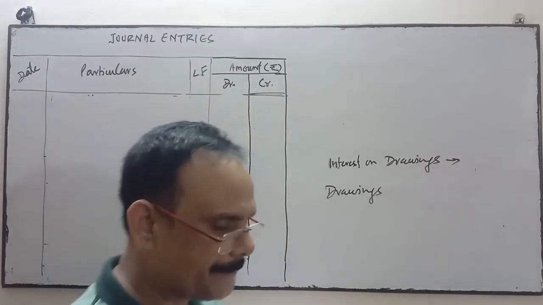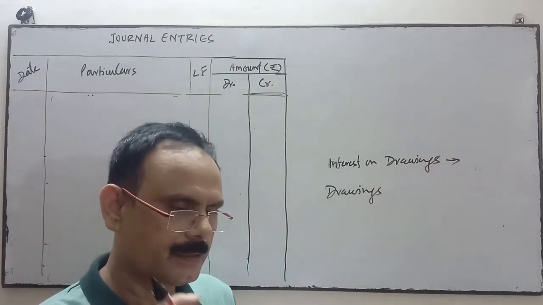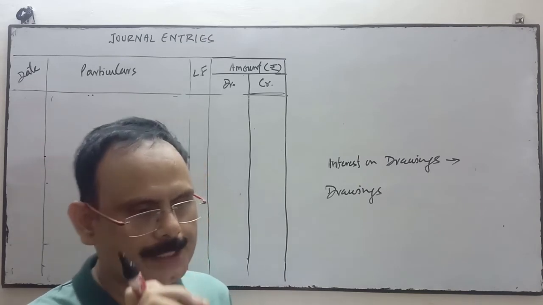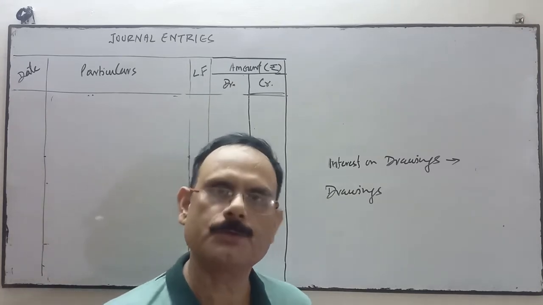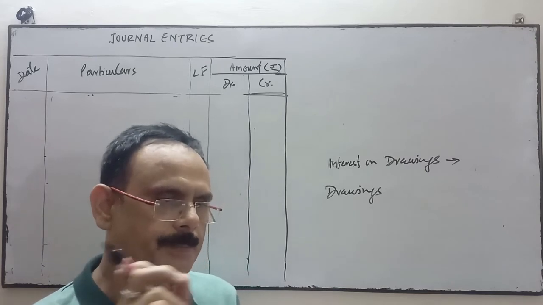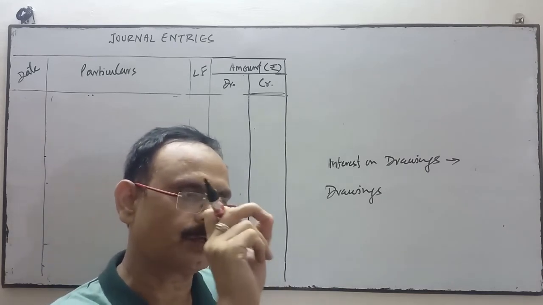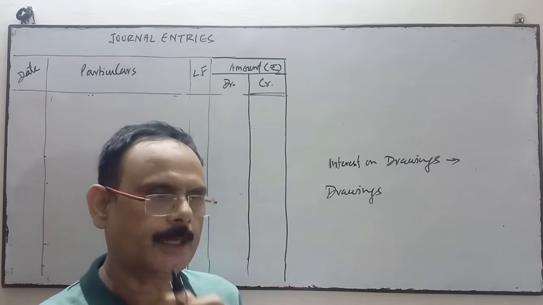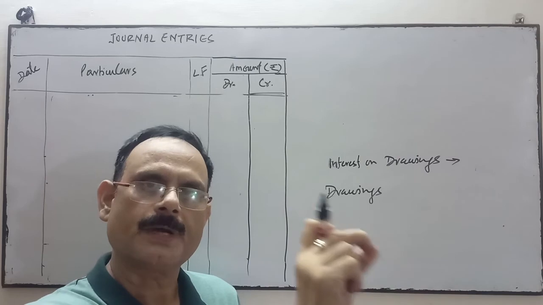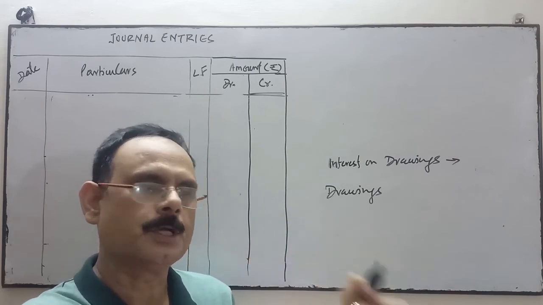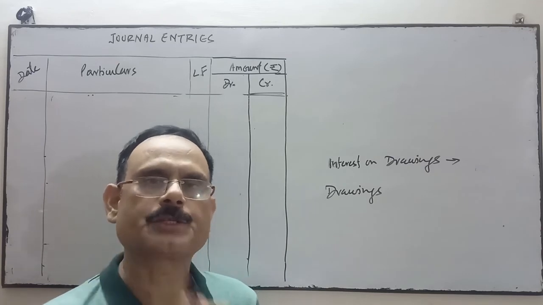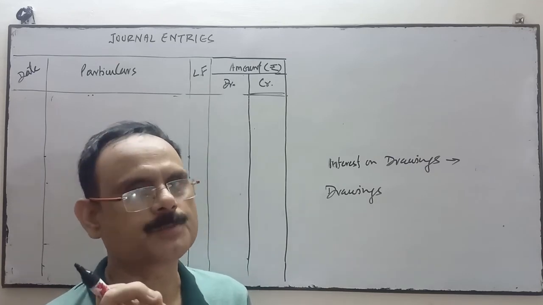Now listen carefully. If the terms and conditions of the business mention that if the proprietor withdraws an amount for personal use, then the business will charge interest on that amount. So think about it. From the business point of view, is interest on drawing an income or an expense?